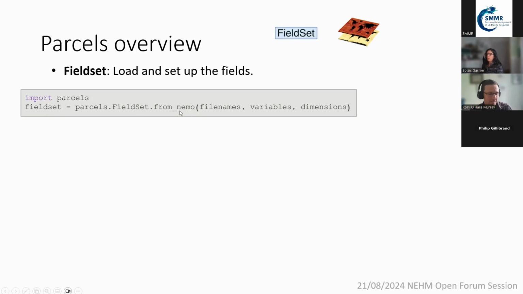And here we use a method from NEMO if we want to use some output from a NEMO model, but they also provide some other methods for different outputs. And this method needs to take 3 arguments: the name of your files, the variables you're going to use to define your FieldSet, and the dimensions of these variables.